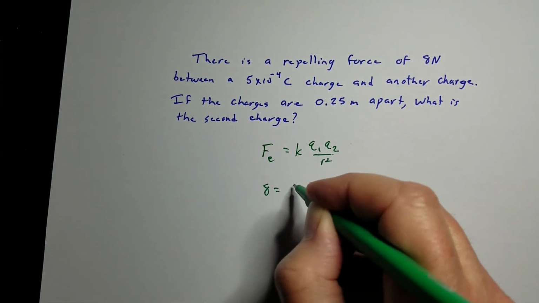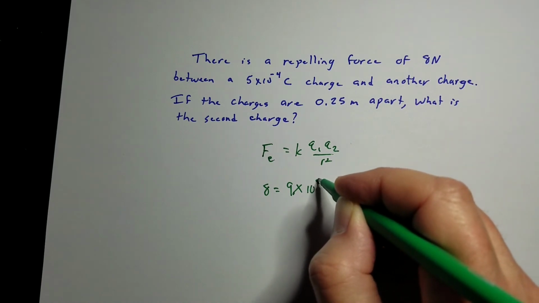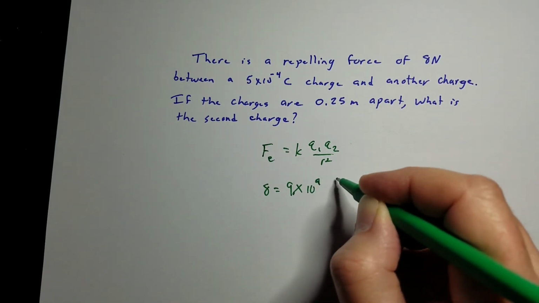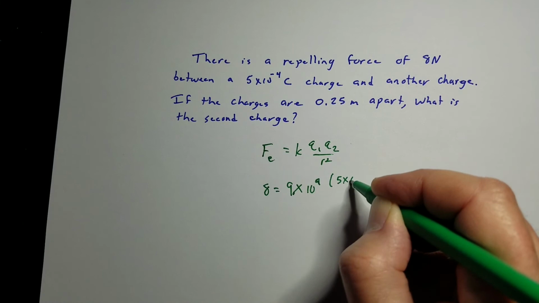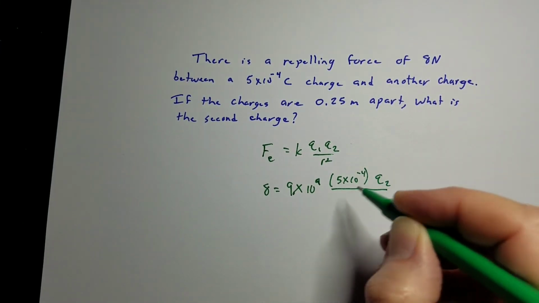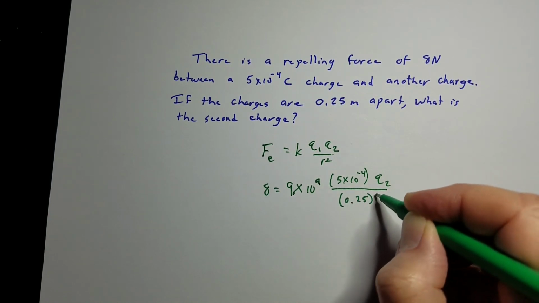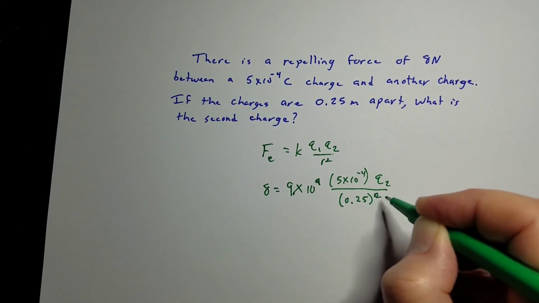Force is 8, K is 9 times 10 to the ninth. One charge we know is 5 times 10 to the minus 4. We don't know the second charge. And the distance between them is 0.25 meters, and that's squared.